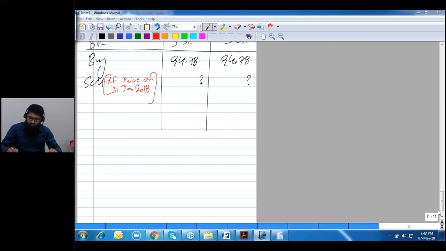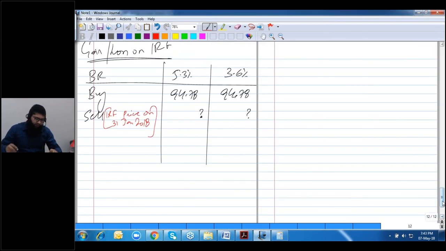Now we need to calculate the gain or loss on the interest rate future. For that, you need the interest rate future price on 31st January 2018. How will you get this price?